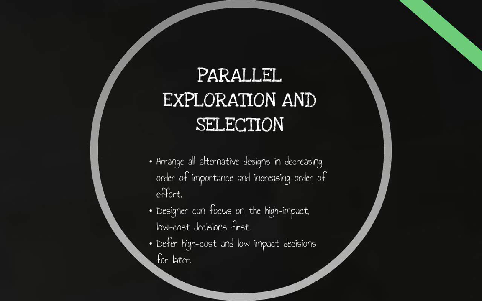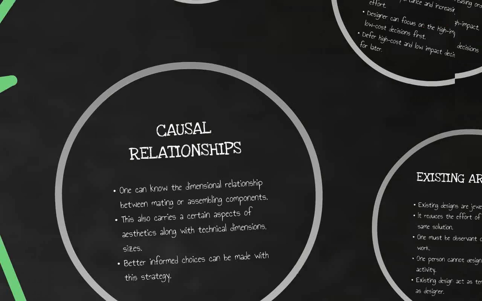And from the designer's perspective, you can choose the right solution where you have an optimum amount of design effort and the least possible cost, or the most important solution which is available to you. So designers can focus on high impact and low cost designs first. This also reduces the cost, and low impact decisions are left for later choices.